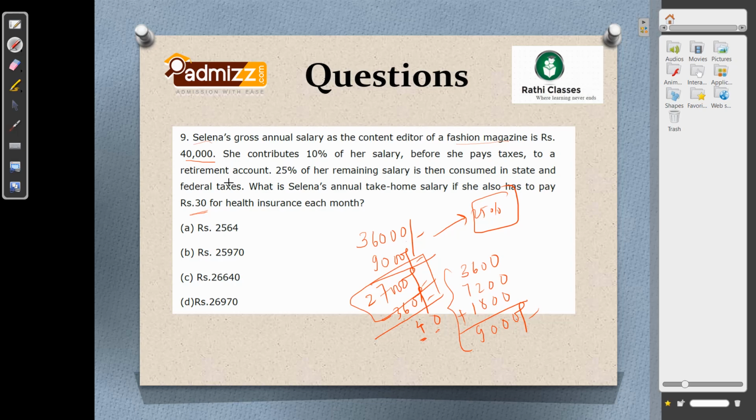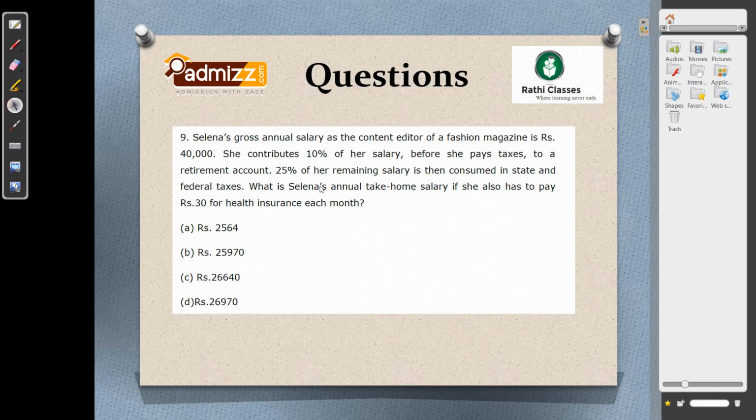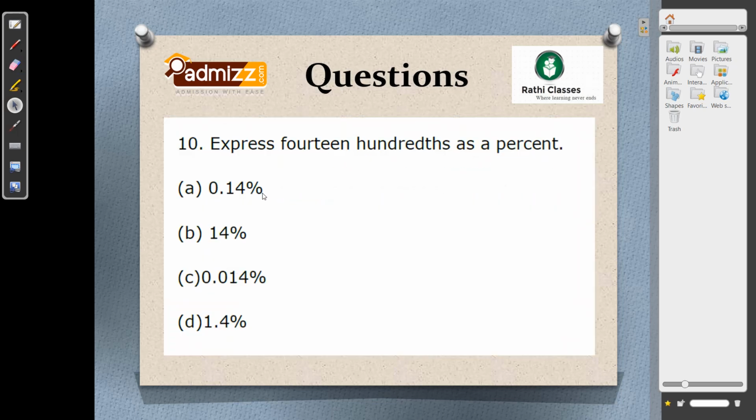If 10% is 3,600, then 5% is half of that, 1,800. So for 25%, you need to add 20% plus 5%, that is 7,200 plus 1,800, that is 9,000. Now 36,000 minus 9,000 deducted for taxes would be 27,000. Now from 27,000 you need to subtract 360. The answer would be C. Moving on to the next question. Question number 10.